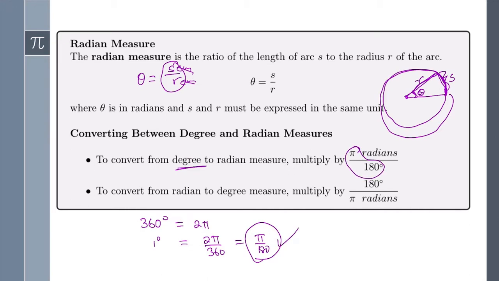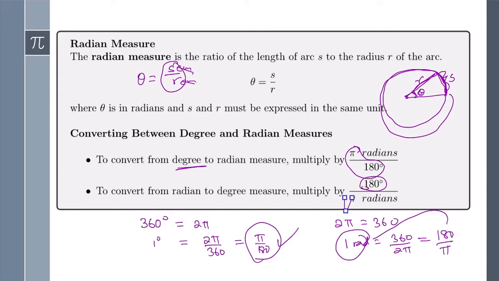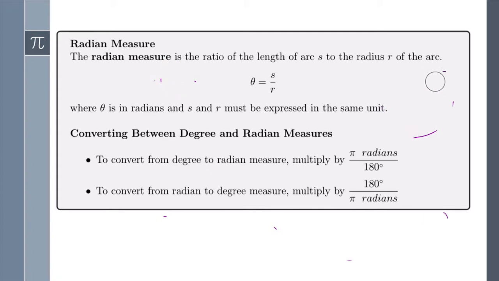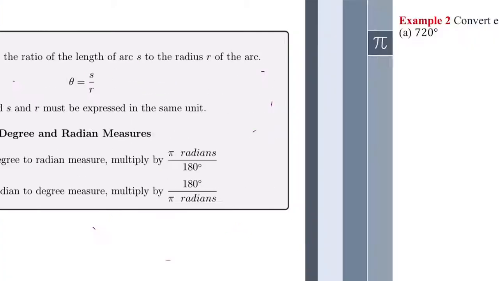Now, if we take 2 pi equals 360 degrees and divide by 2 pi on both sides, that means 1 radian equals 360 divided by 2 pi, or if we reduce that fraction, we get 180 over pi. So to change from radians to degrees, we multiply by 180 degrees over pi. That's how we can change an angle from degrees to radians and radians to degrees, depending on what we want. Let's look at some examples of this conversion.